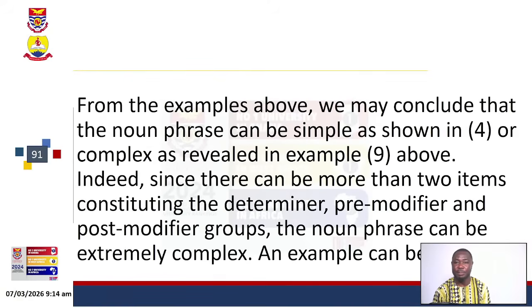From the examples above, we may conclude that the noun phrase can be a simple one, shown in 4 above, or a complex one, revealed in example 9. Indeed, since there can be more than two items constituting the determiner, pre-modifier and post-modifier groups, the noun phrase can be extremely complex, made up of a lot of words.